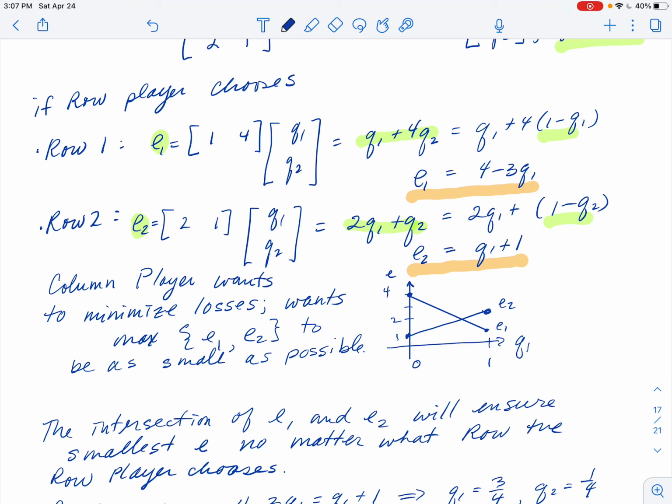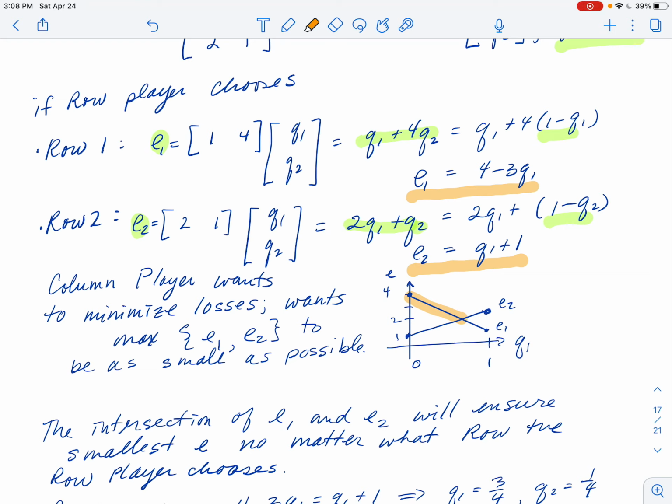Now the column player wants to minimize their losses. So remember, the big positive number is a big loss for them. And so they want to pay as little as possible to the row player. So they want the maximum of E2 and E1 to be as small as possible. So if you notice, as we go from left to right, the bigger of E1 and E2 starts off to be E1 until we get to this point right here.